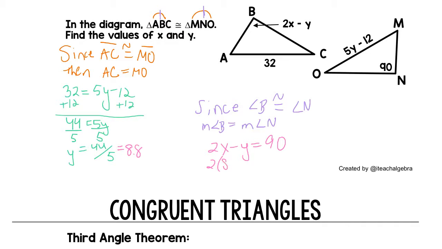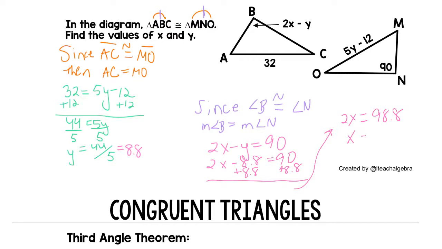So 2x minus 8.8 equals 90. We add that 8.8 to each side. 2x equals 98.8. That means x equals 49.4.